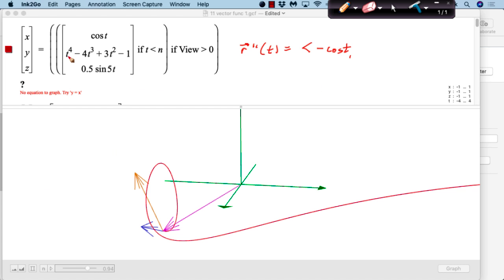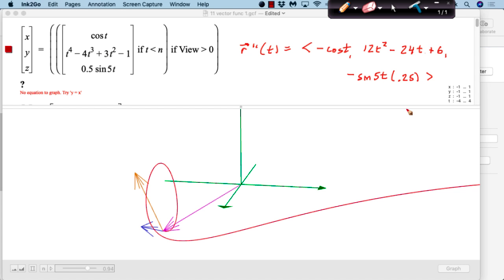What's this? 4t cubed, 12t squared. 12t squared, 24t. Trying to do two derivatives at once. And it's going to be negative sine 5t, but then times 2.5. Did I do the second derivative right on all those?